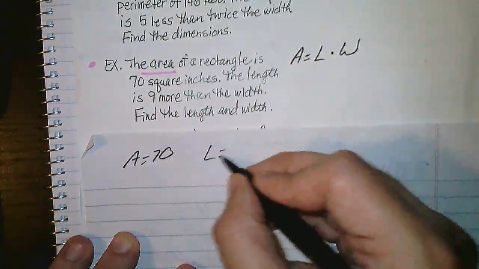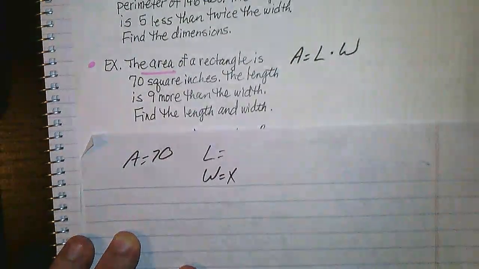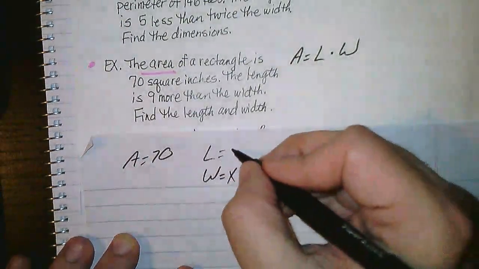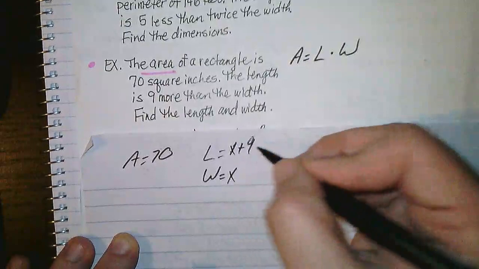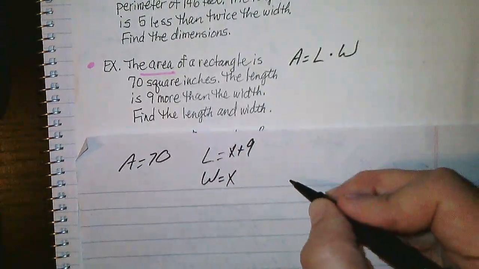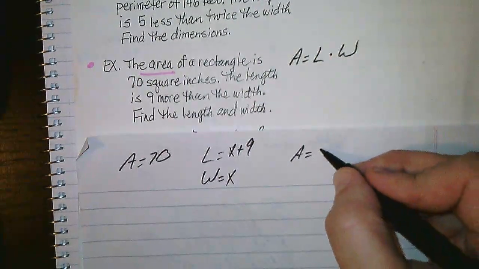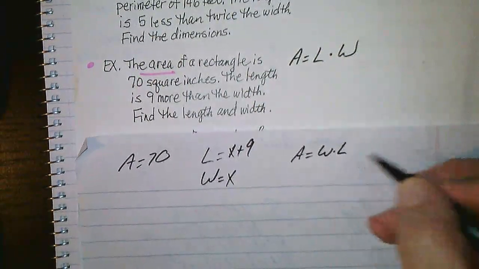So it describes the length as 9 more than the width. So we'll start off with the width is x. So this would be x plus 9. We don't have to switch the phrase when we're adding. It doesn't matter what order we add in. So area is equal to length times width, or width times length, doesn't matter.